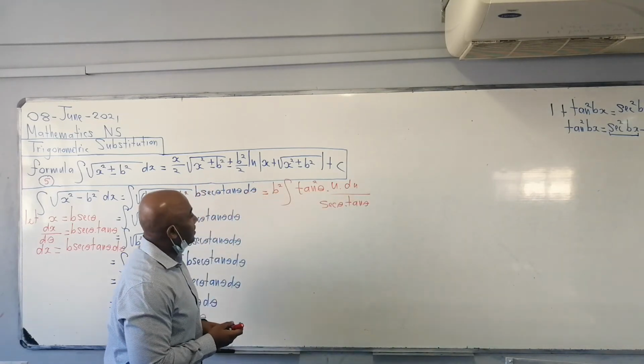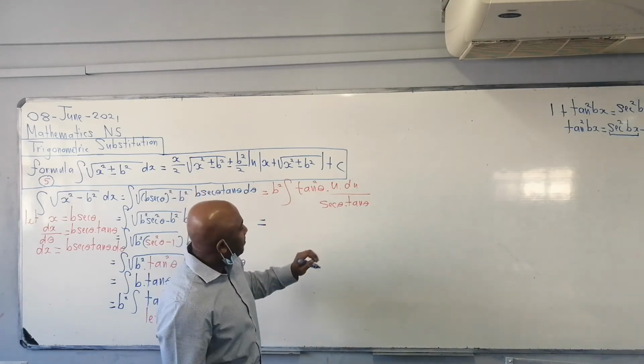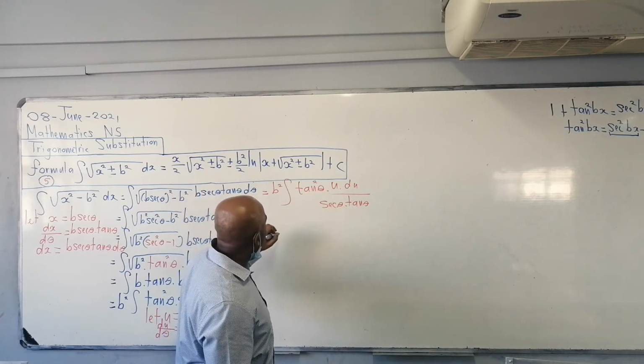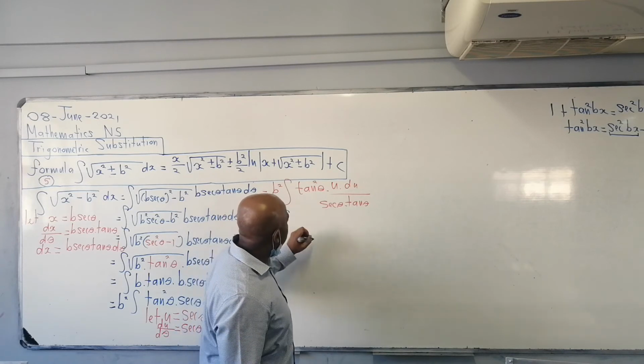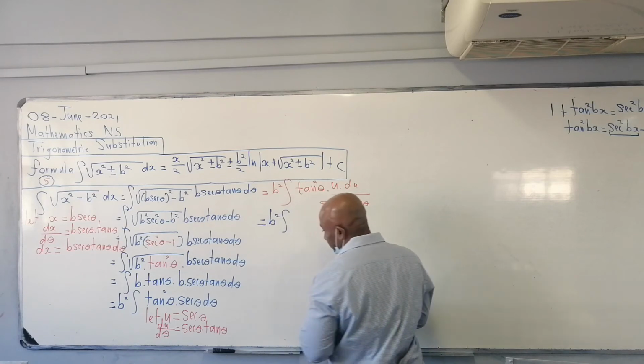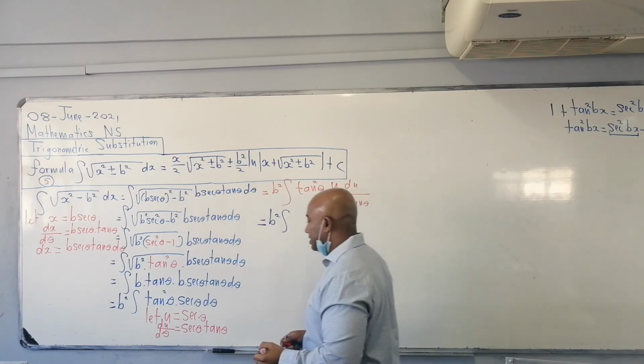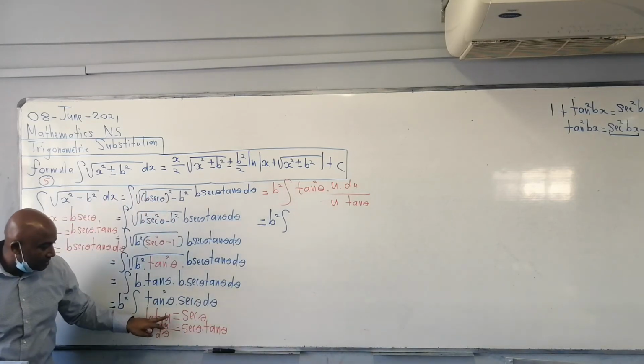Okay, so now let's see what happens here. Tan squared divided by tan will give me tan, and sec theta is also, mustn't forget, u. Remember, u is equal to sec theta.